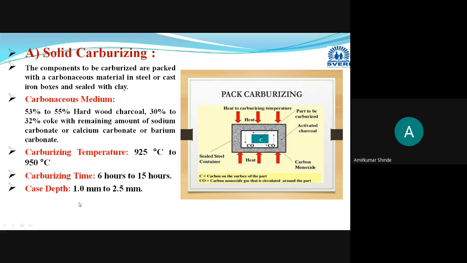These are the disadvantages of this process: it takes more time, and it will give you a non-uniform case.